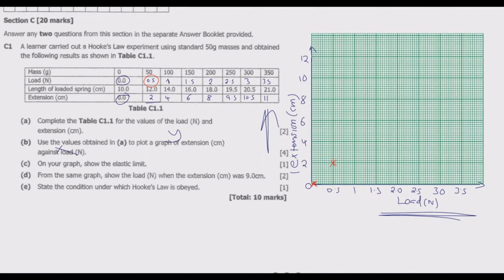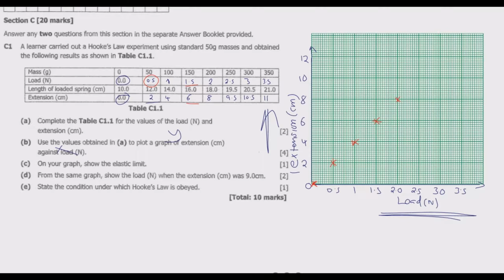Then next is 1, 4, which is this one. Then the next one is 1.5, 6, this point. Then we have 2, 8, which is this point.